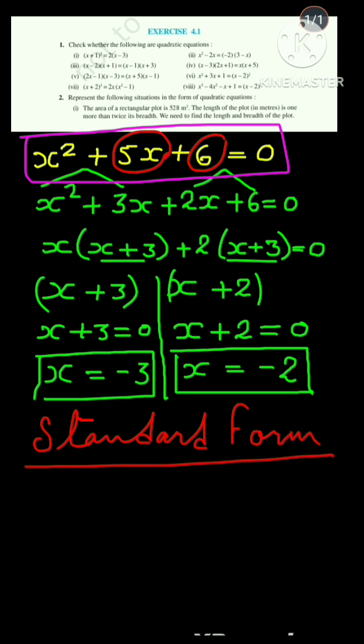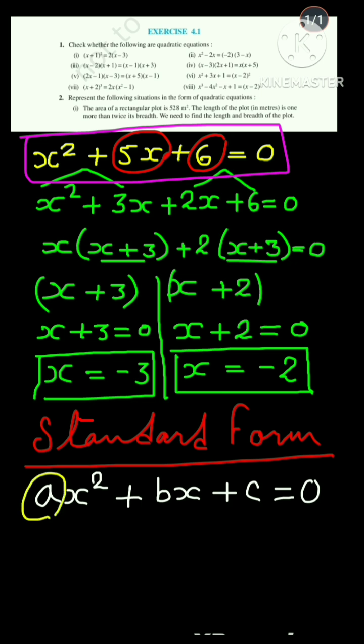And as we know, the standard form of a quadratic equation will be ax square plus bx plus c equal to 0, where a represents the coefficient of x square, b represents the coefficient of x and c is the constant part, right?